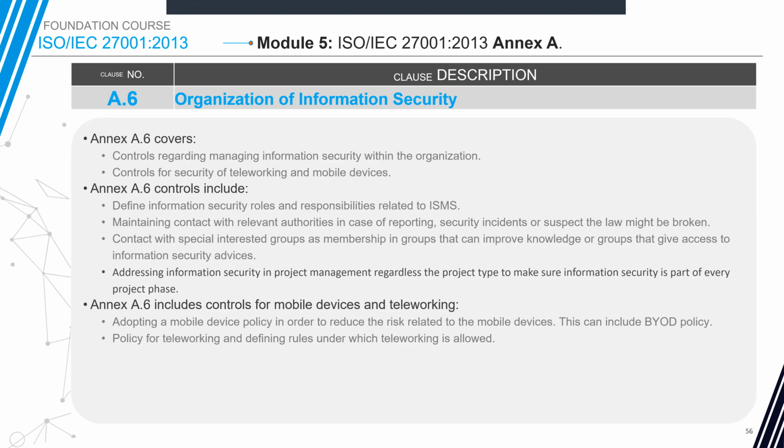Why do you think that in ISO we care about project management? Project management is not a security issue. Why does ISO have security controls for project management? Any answer?